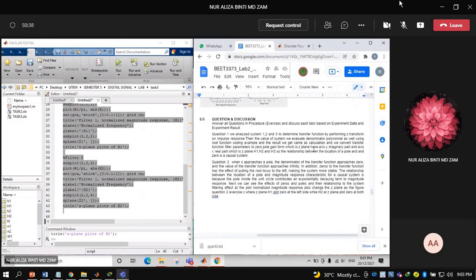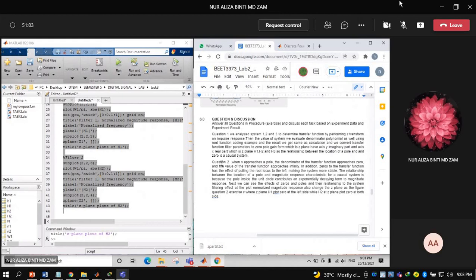We convert the transfer function filter parameters for gain, in the Z plane where the y-axis is the imaginary part and the x-axis is the real part, for Z plane H1, H2, H3. So the relationship between the location of the poles and zeros is a causal system.